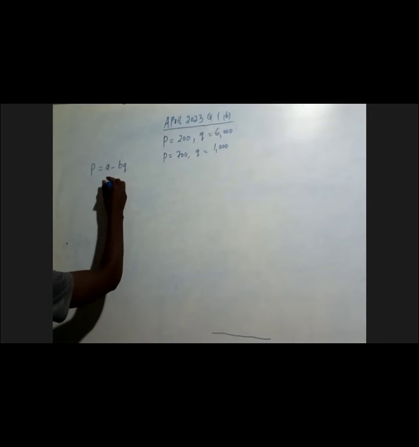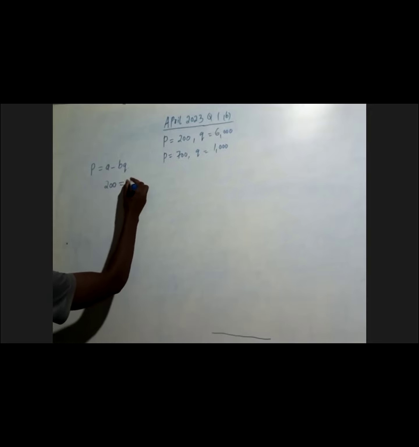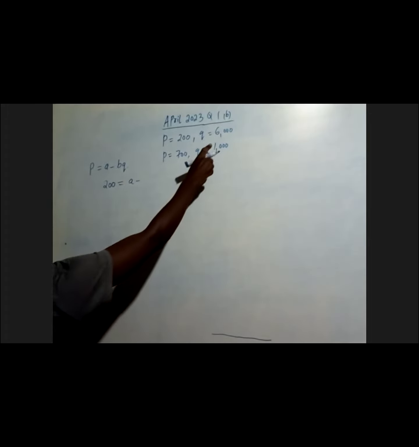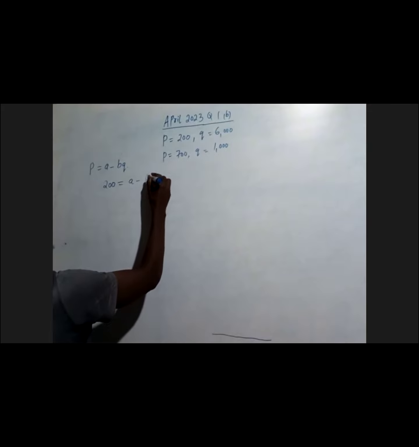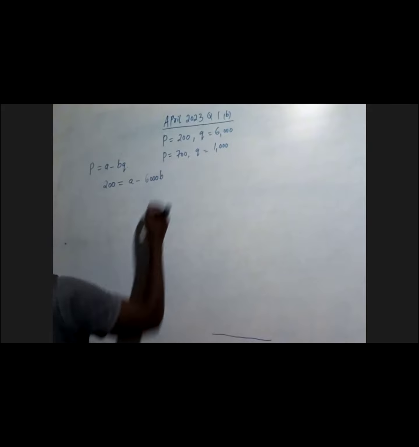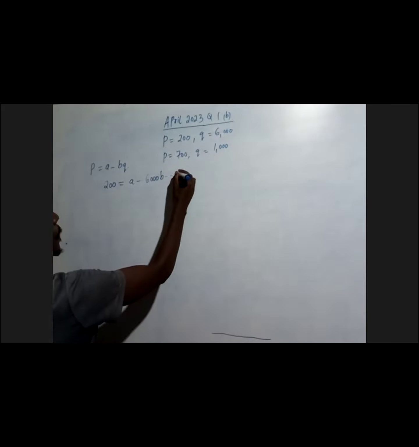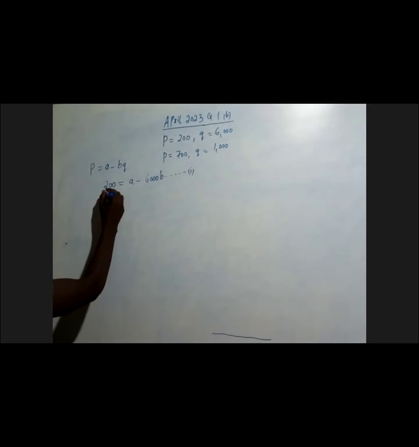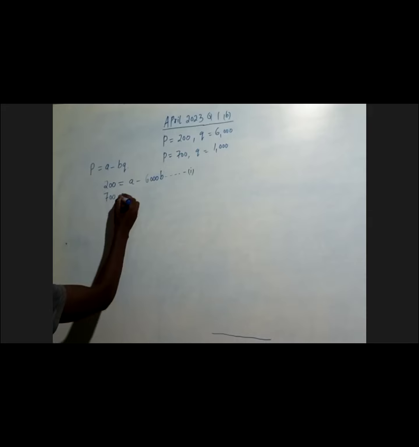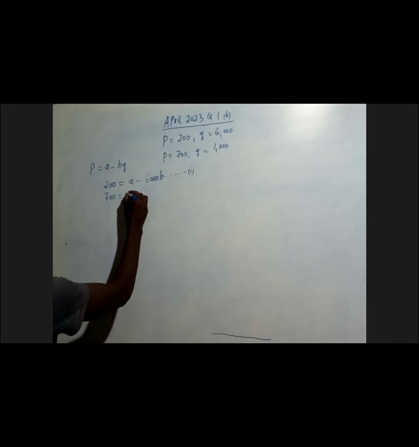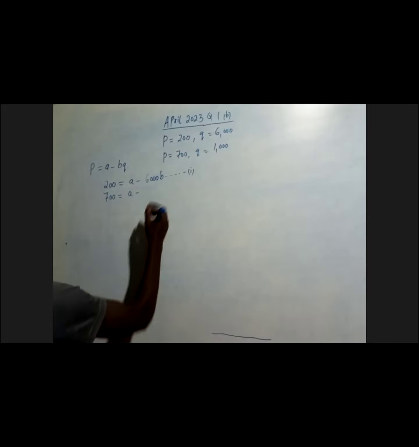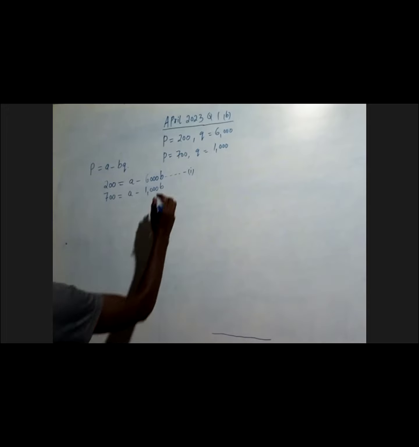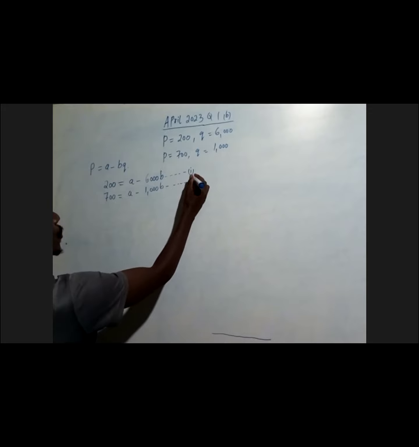Now, when P is 200, we don't know A, we also don't know B, but we know Q is 6,000. We call it equation 1. Then, when it is 700, we don't know A, but we know Q is 1,000, but we don't know B. We call it equation 2.